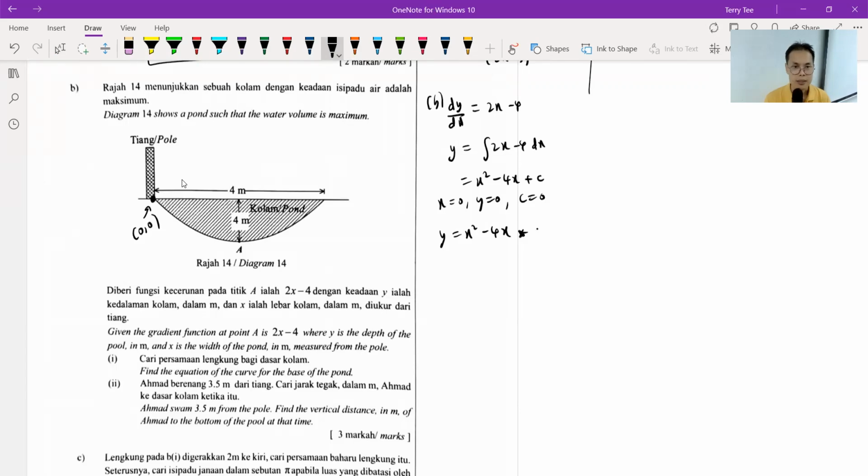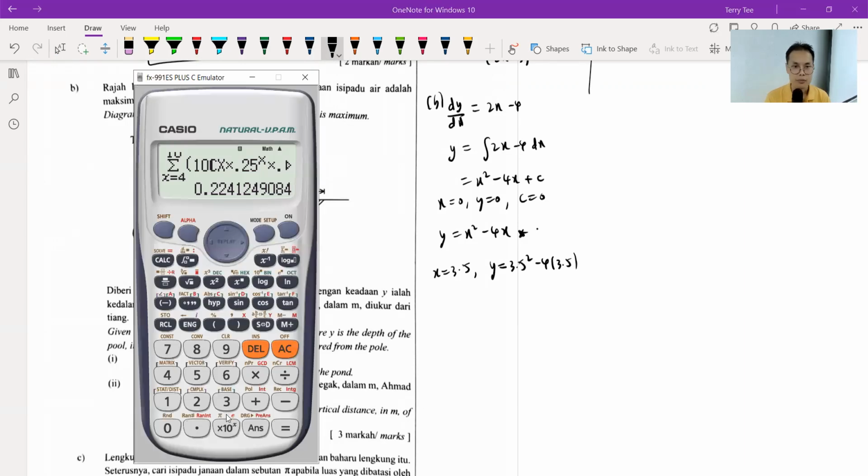We've done that. And then they say, Ahmad swam 3.5 meters from the pole. So find the vertical distance to the bottom of the pool at that time. So when you're at 3.5 meters, which is around here, we want to find what your y value is. So we just substitute inside. Your y is 3.5 squared minus 4 times 3.5.